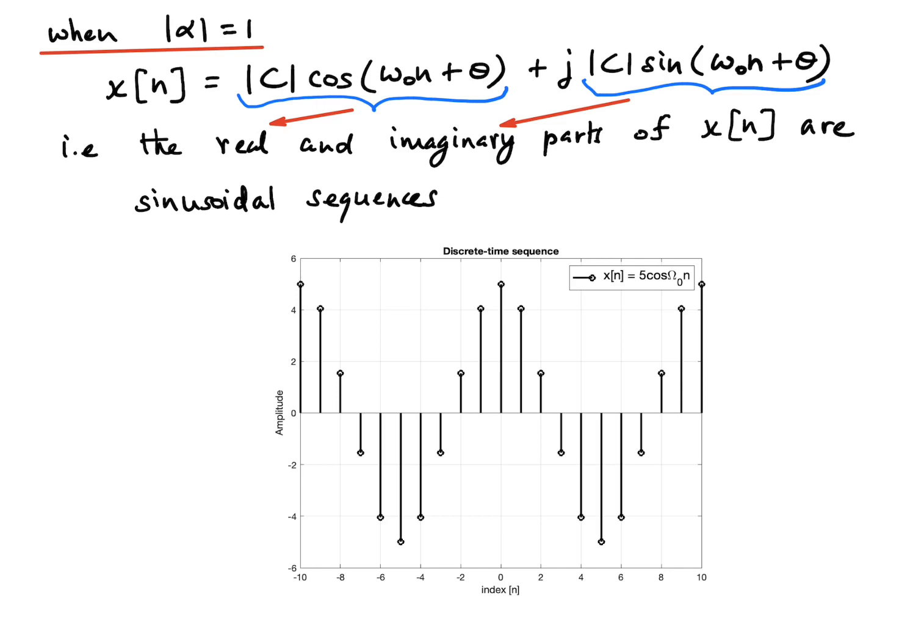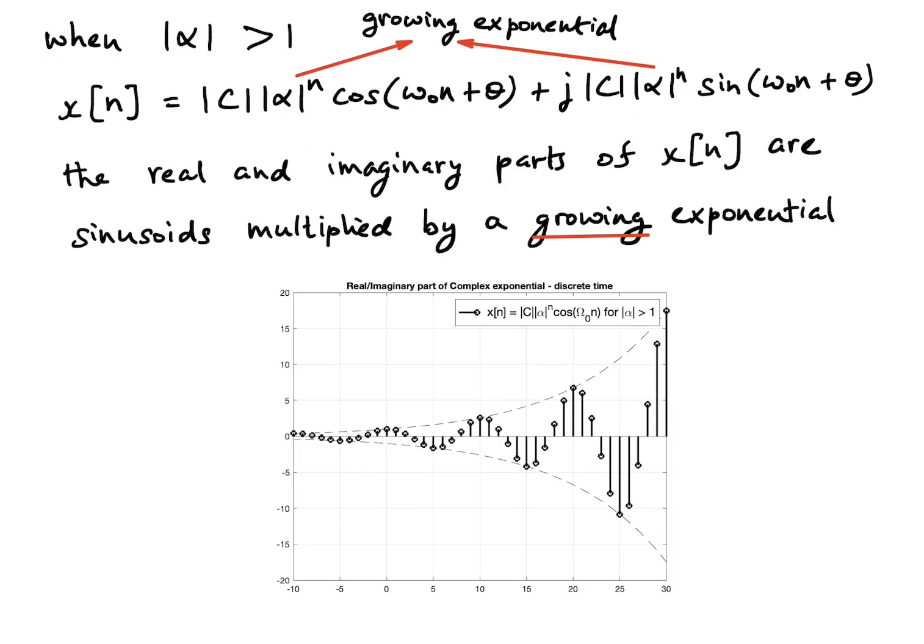Now next we will see the case when the magnitude of alpha is greater than 1. So when we have magnitude alpha greater than 1, then as n increases, for a number which is greater than 1, say 1.5, 1.5 power 0 is 1, 1.5 power 1 is 1.5, 1.5 power 2 is 2.25, and so on, right? So this alpha power n term is going to be growing exponentially. That means the real and imaginary parts of this sequence x of n, which are the cosine term and the sine term, are getting multiplied with some factor which is exponentially growing.